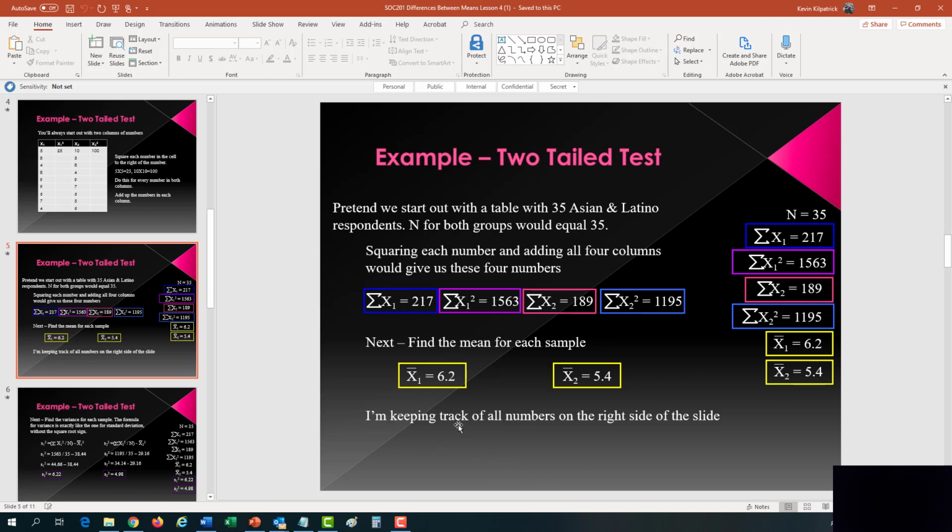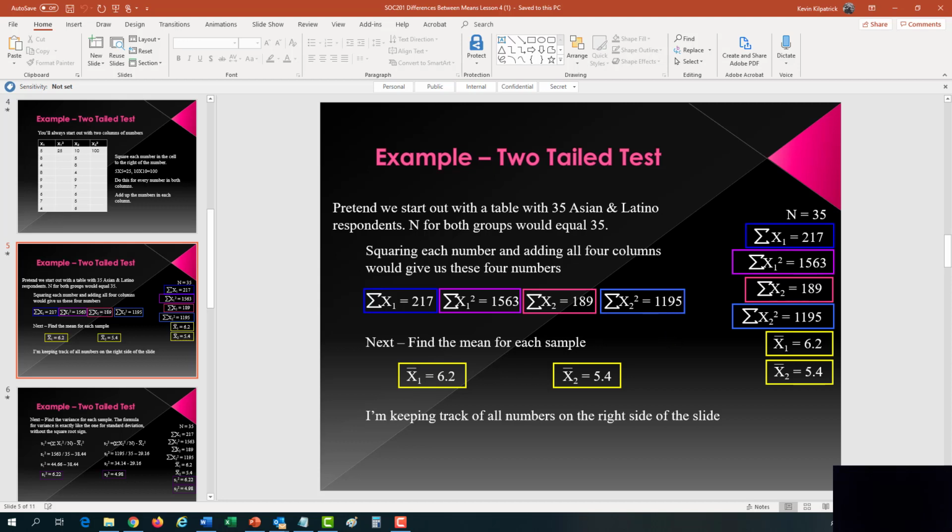Just like it says down here, keep track of all your numbers on the right-hand side of your sheet or whatever you're working on. So I have the two values here. I'm going to do the same for the hypothetical column of Latino respondents. I'm going to add all those values and come up with 189. I'm going to square all those values and come up with 1195.